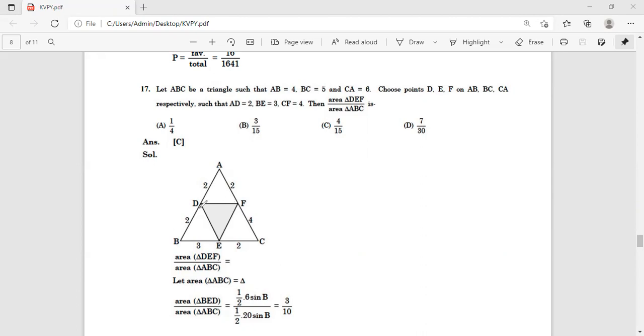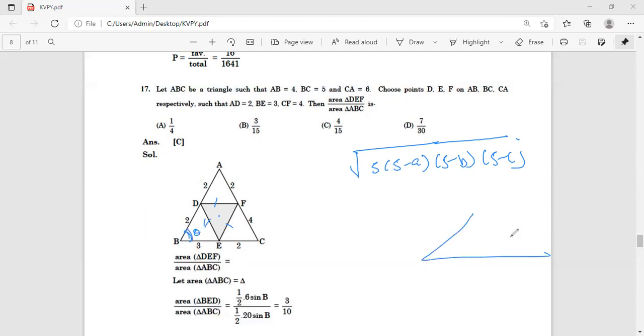So when you talk of the area and the sides are given, some of you might think of finding the sides and then taking the area by Heron's formula. That also can be done. You can find this angle by the cos rule in triangle ABC. If you know all the sides, you can find this theta.